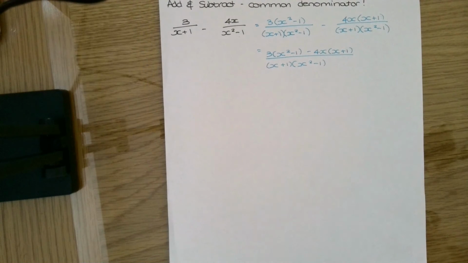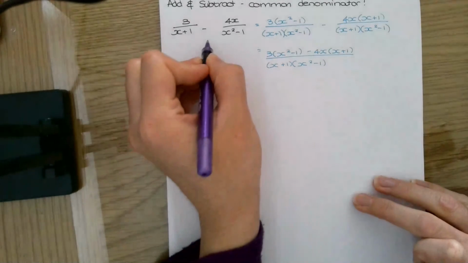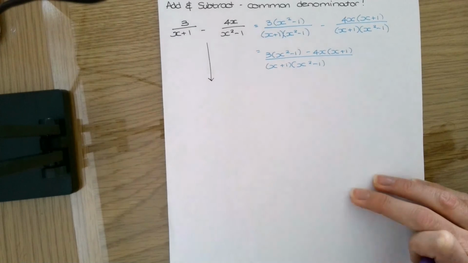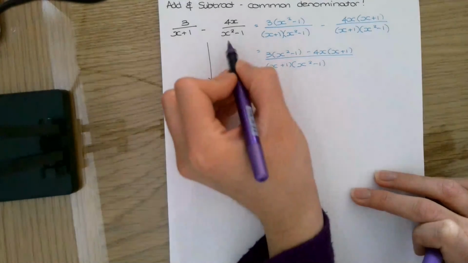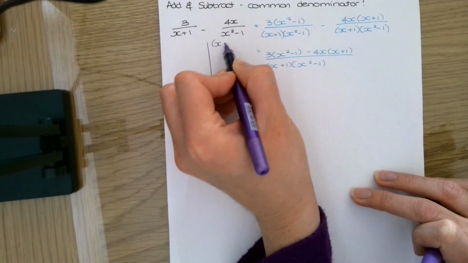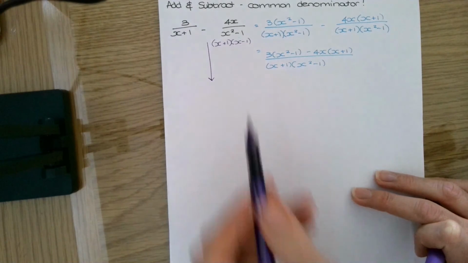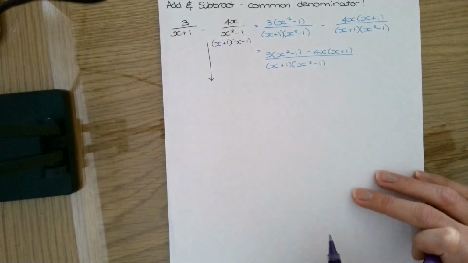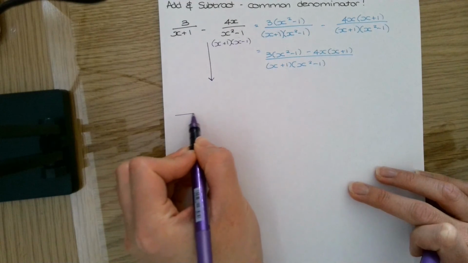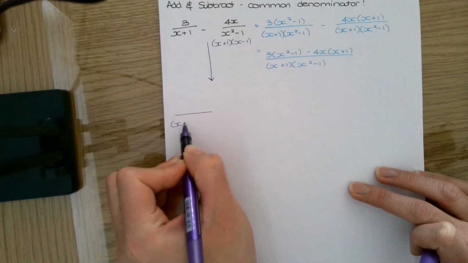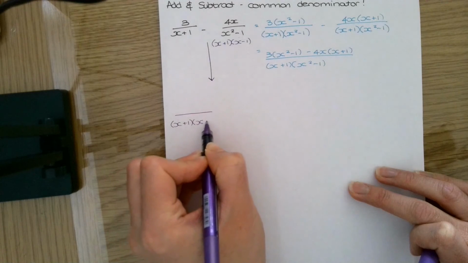What I'm going to do is start again, rather than going any further on that one, but I am going to think more carefully about my common denominator, because remember this is x plus 1, x minus 1. So the x plus 1 is actually a repeated denominator. So my denominator can just be x plus 1, x minus 1.